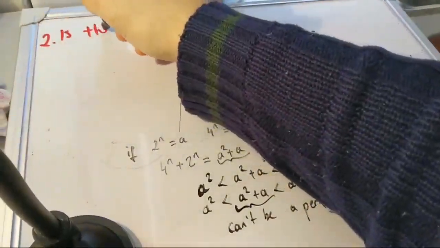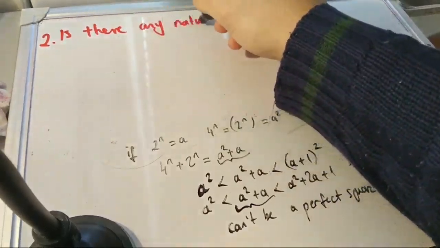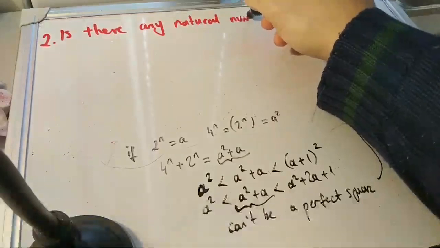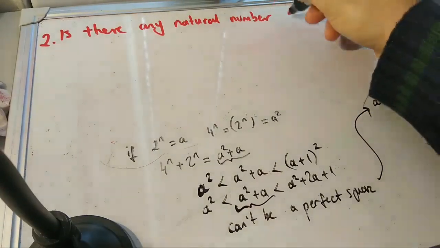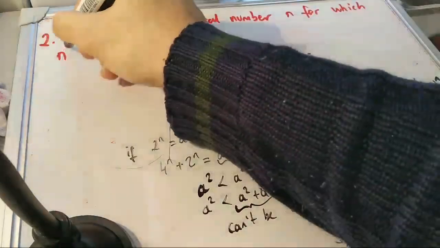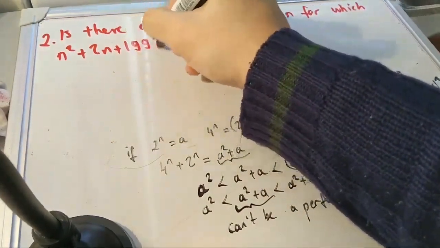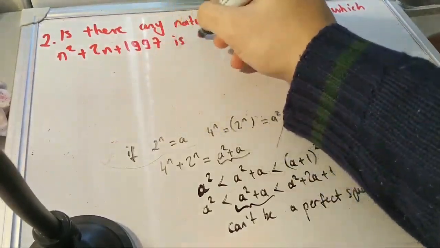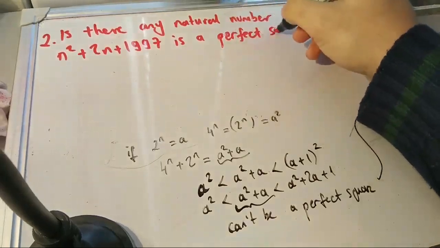The second question. Is there any natural number n for which n squared plus 2n plus 1997 is a perfect square?